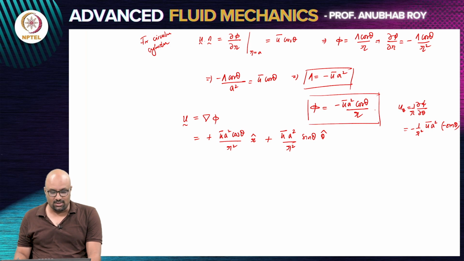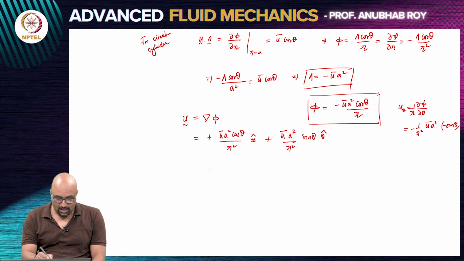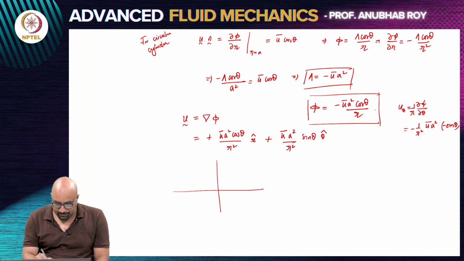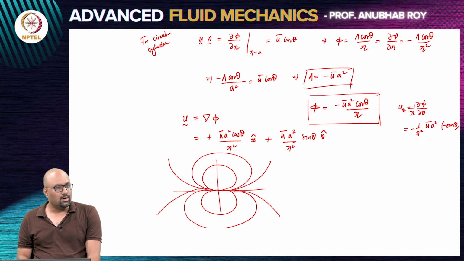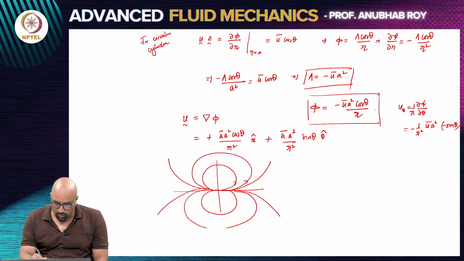If you go back to the discussion of what a potential doublet looks like, if the sphere, or cylinder in this case, is moving from left to right, it is going to push the fluid from its forward end and it will draw in the fluid from its rear end.